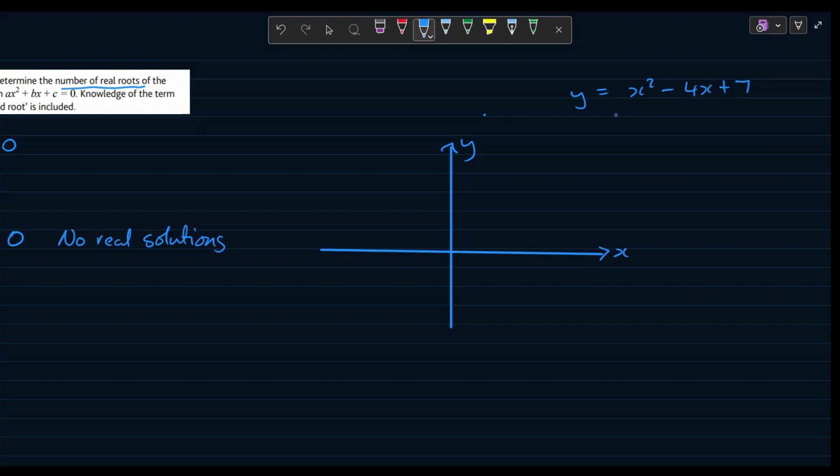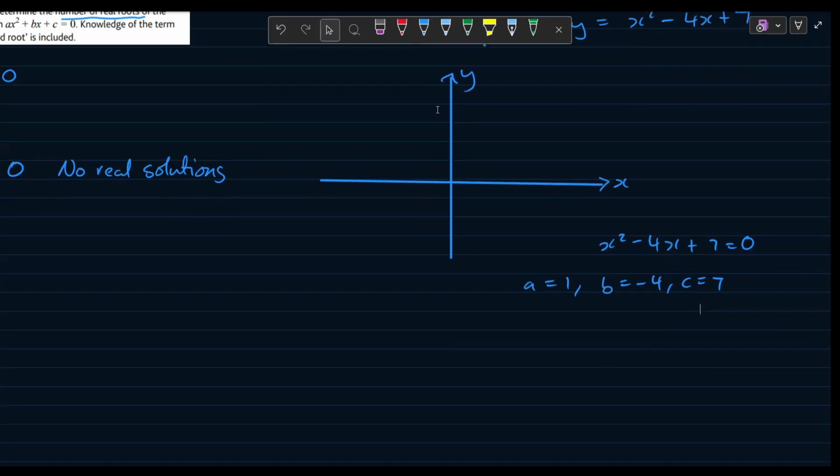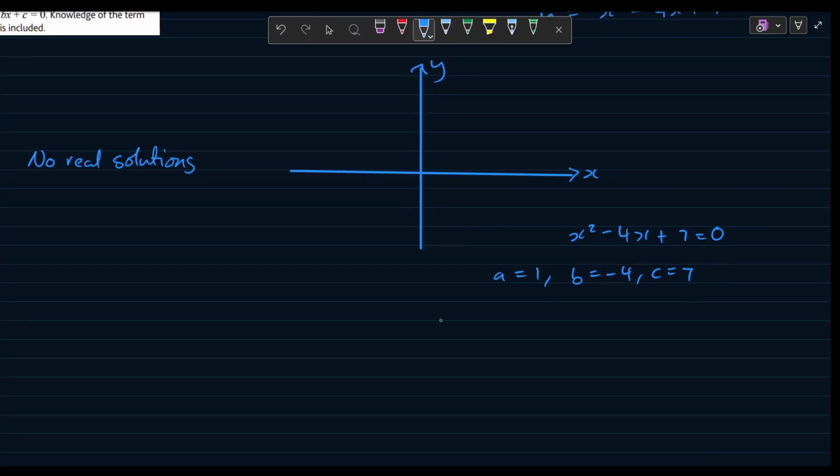I want you to use the quadratic formula and try to solve this equation, equate it to 0 and try to solve it. So that will be x squared minus 4x plus 7 is 0, and so our coefficient of x squared is 1, coefficient of x is negative 4, and our constant is 7. Now I want you to go ahead and substitute this into the quadratic formula.